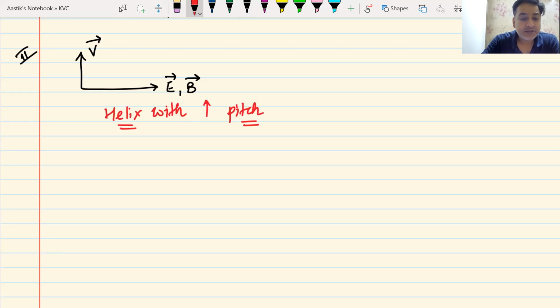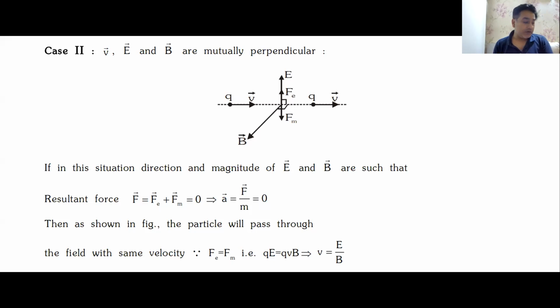E, V and B are perpendicular in such a way that the electric force and the magnetic force are in opposite directions and they get cancelled out. In this case, the velocity will be E by B and the motion of the particle will be motion in a straight line. Do we understand this?